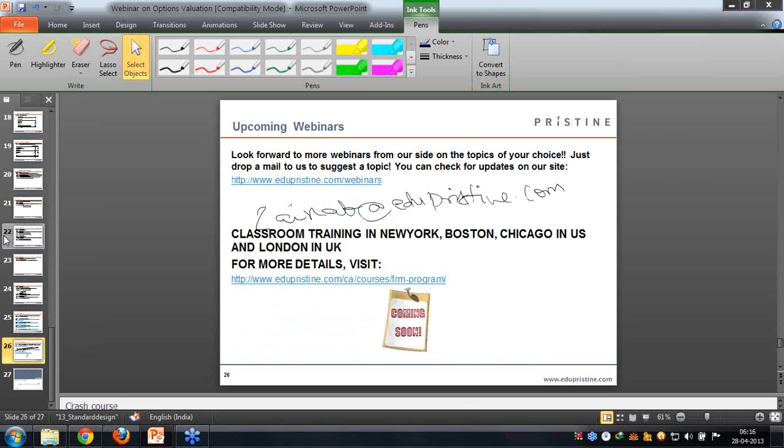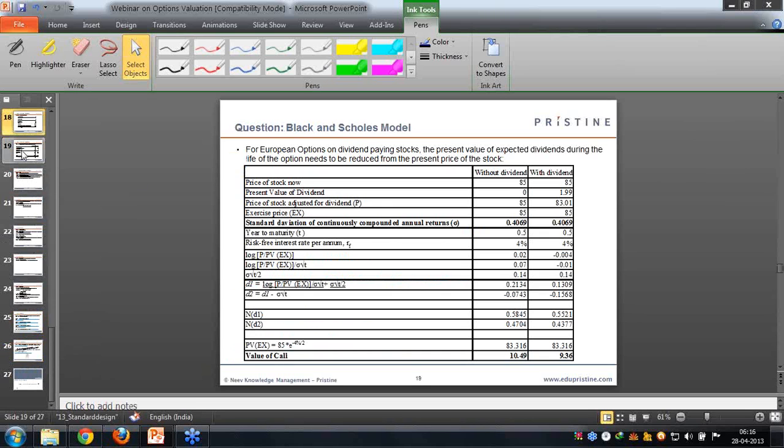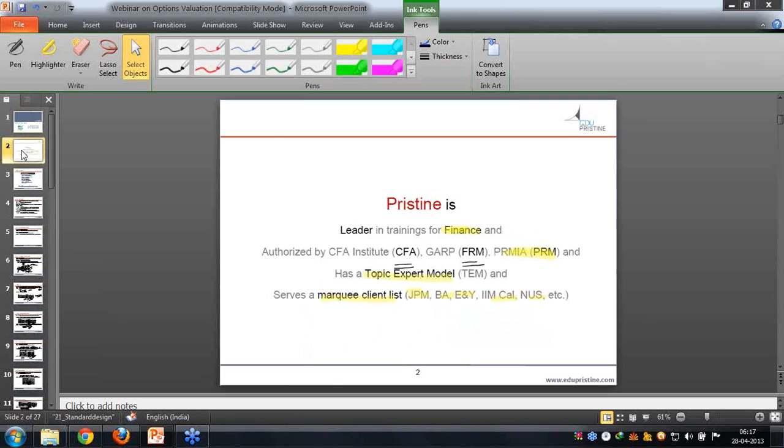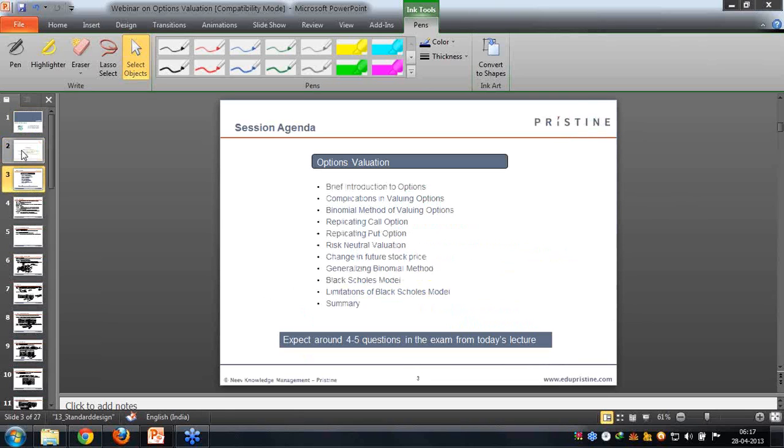The level of questions is slightly higher when compared to CFA examination, and based on today's options valuation, you can expect around 4 to 5 questions in the exam. So that's the significance of today's session.